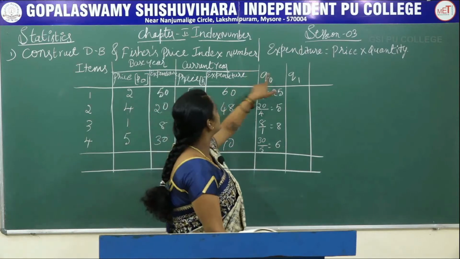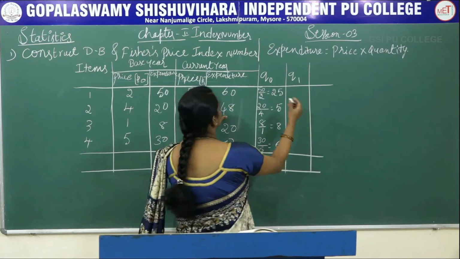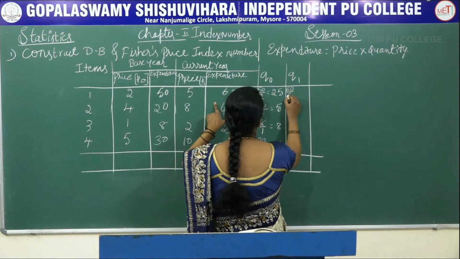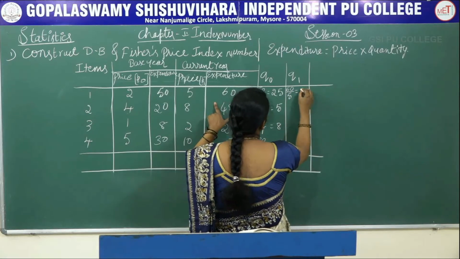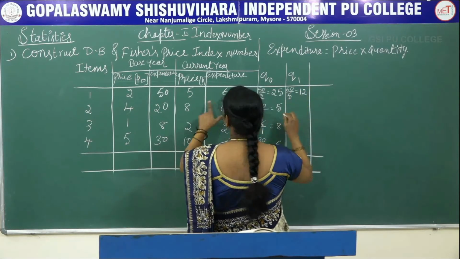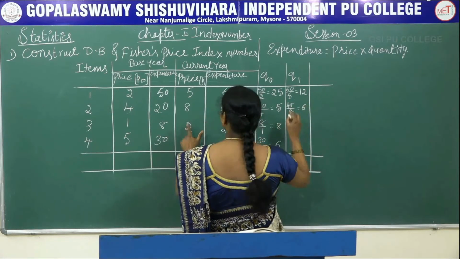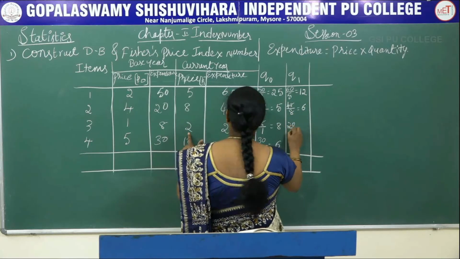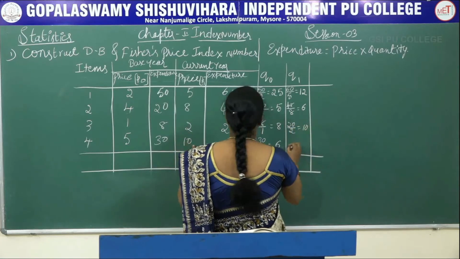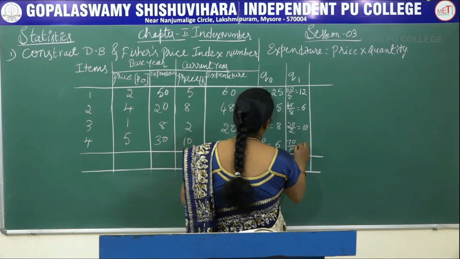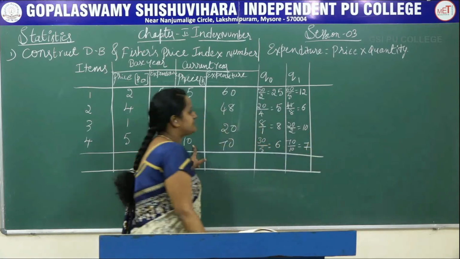And similarly to find Q1, it is expenditure, that is 60 by 5, it is 12, 48 by 8, 6, 20 by 2, it is 10 and 70 by 10, it is 7.